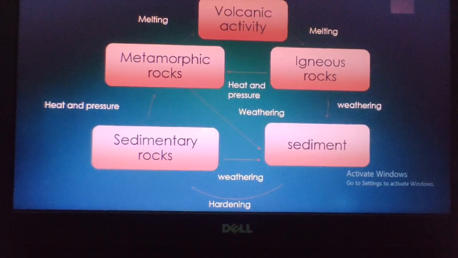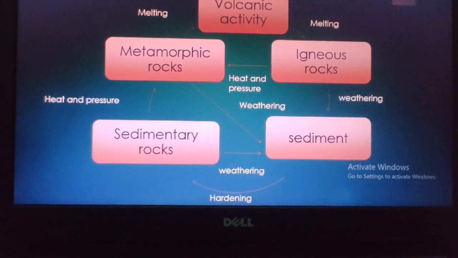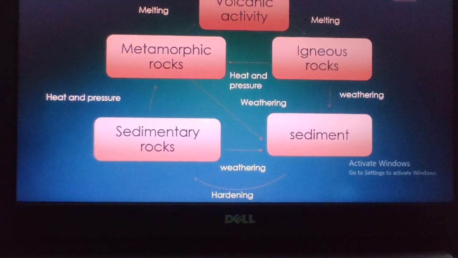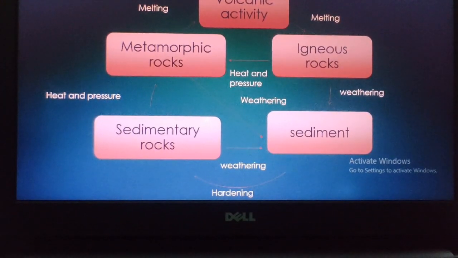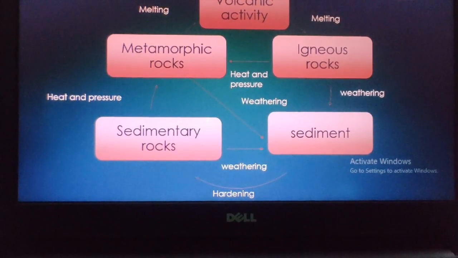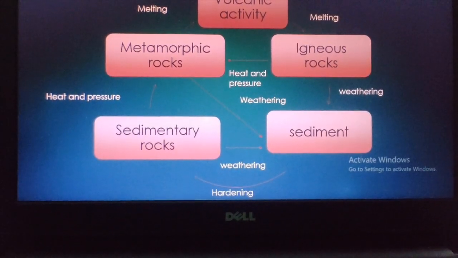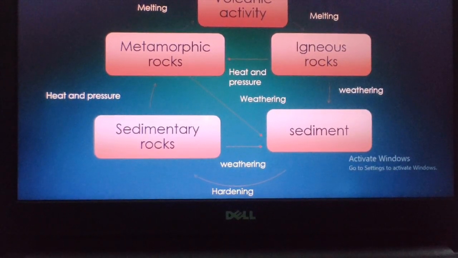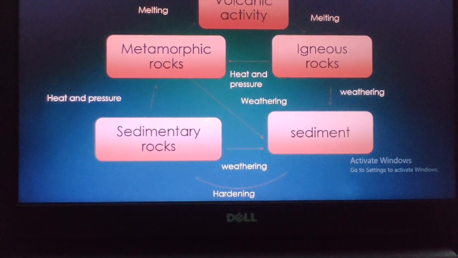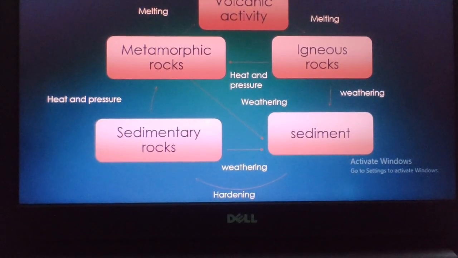Sediments, on hardening, change into sedimentary rocks. Both sedimentary and igneous rock can turn into a metamorphic rock by heat and pressure. Sedimentary, metamorphic and igneous rocks, on weathering, can change into sediments, and metamorphic rock on melting gets back to the volcanic activity. This way the cycle gets repeated.